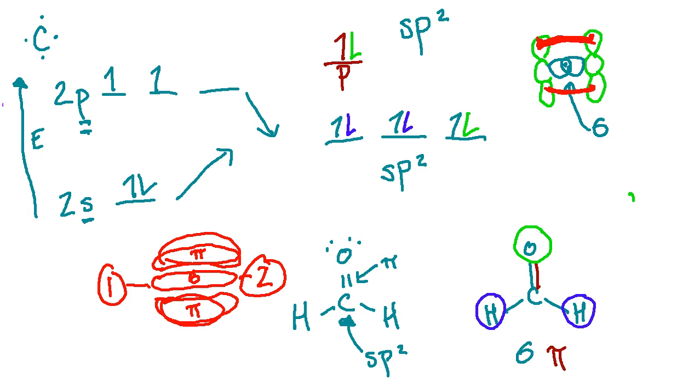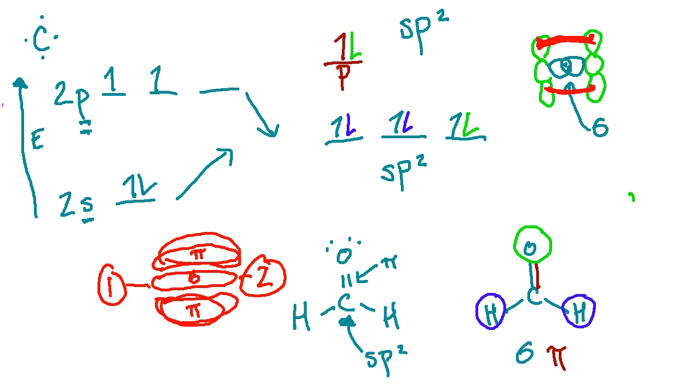Okay, and so the pi bonds exist, or the pi electrons that make up the pi bond exist above and below this general area. They exist in the p orbitals. So you need p orbital overlap in order to have pi bonds. That's very important. You have to have p orbital overlap in order to have pi bonds.